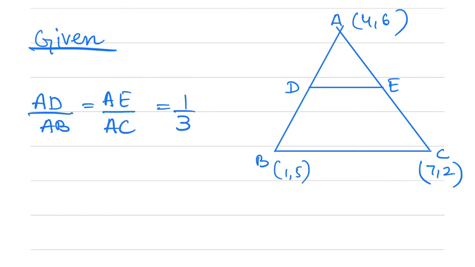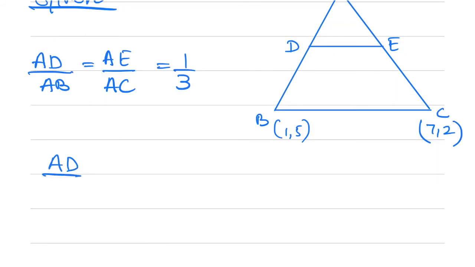Now we have to calculate the area of triangle ADE and compare it with the area of triangle ABC. To calculate the area of triangle ADE, first we need to find the coordinates of D and E. AD by AB is equal to 1 by 3.